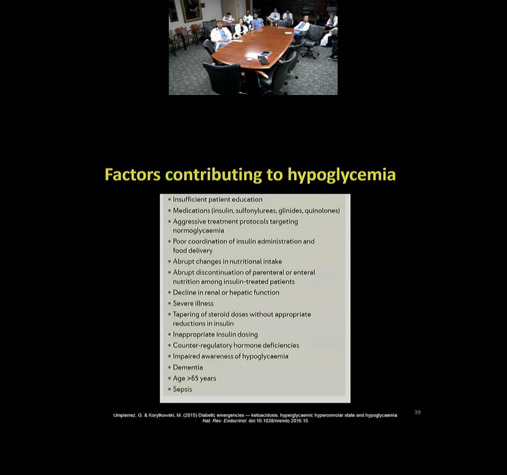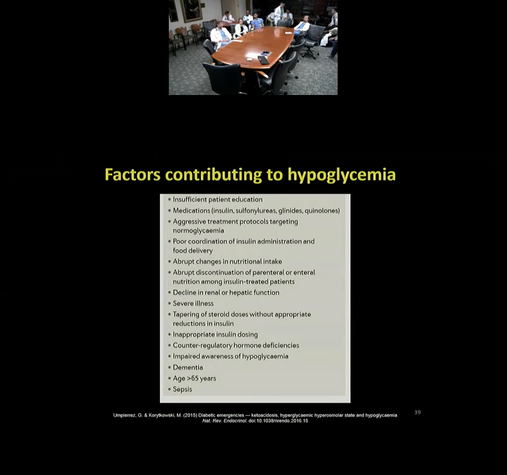In the hospital, especially at the VA, there is poor coordination of insulin and food delivery, or PRN too, because people get this short-acting insulin and then the food is not there when they are supposed to eat. They have abrupt changes in nutritional intake, again, for whatever hospital reason.